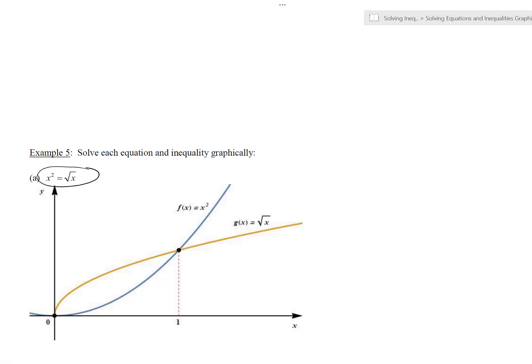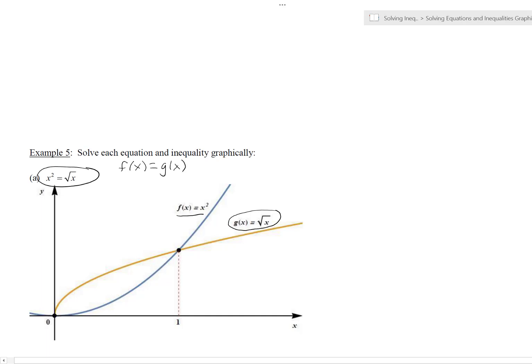Well, like we set up earlier, we're going to let the left-hand side, x squared, be f of x, and the right-hand side be g of x equal to square root x. So really when we're solving this equation, x squared equals square root x, it's just like the general situation, where does one function equal another function?